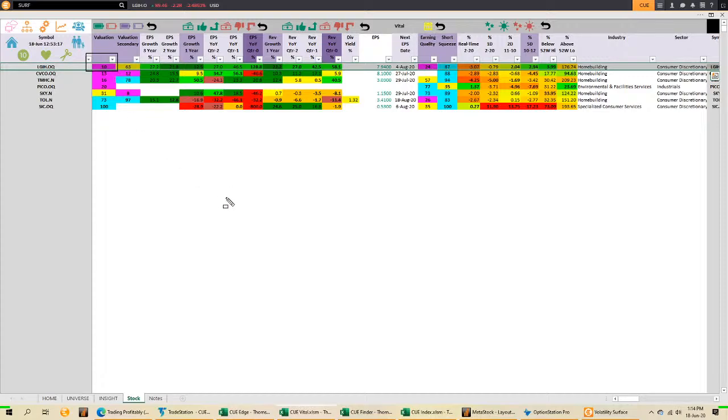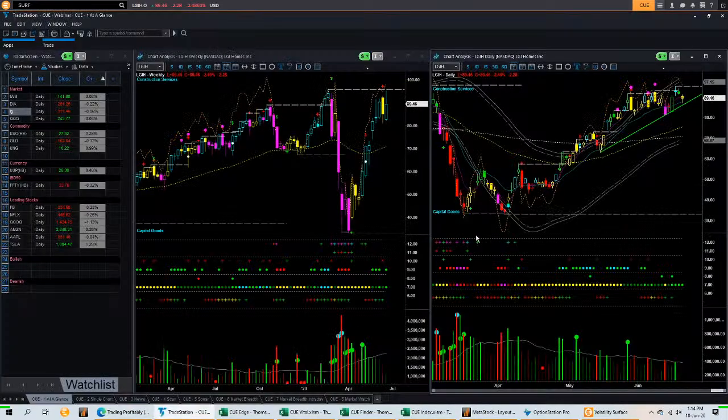LGIH is overvalued. I could check that from QVita, and technically of course it is giving a low risk shorting opportunity, except the fact that there is a memory support line nearby. That is also another reason that if I was going to short it, I was going to short it using the put verticals, not using the stop.